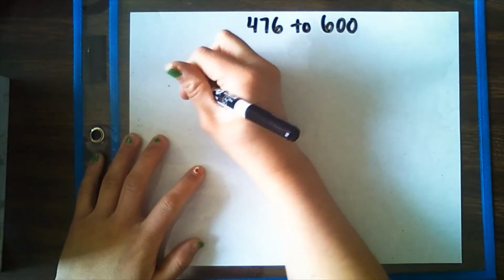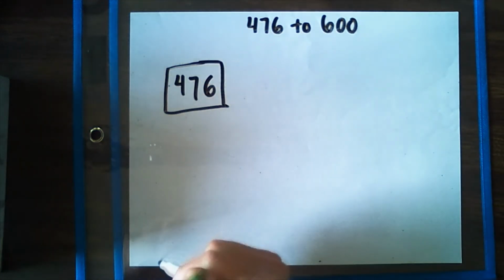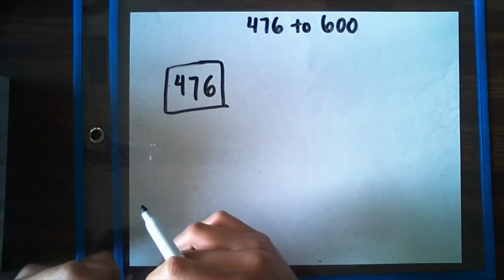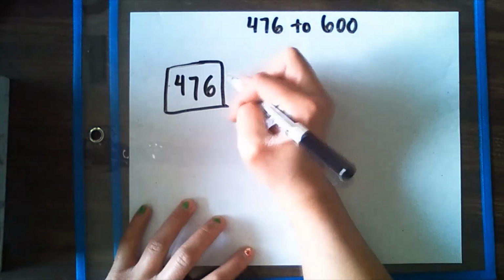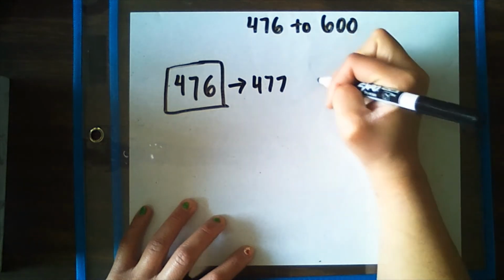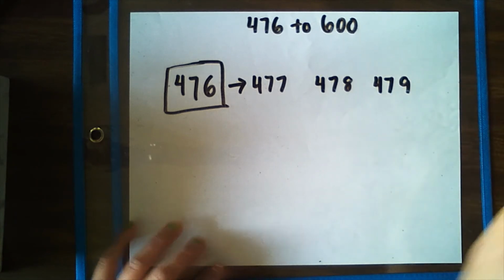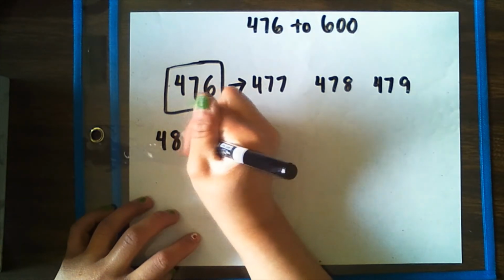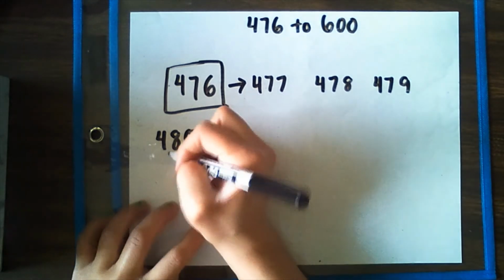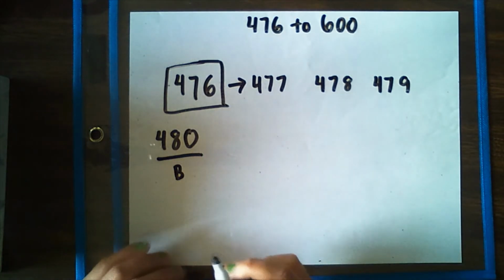So we were at 476, and we can go ahead and box that in as our starting number. And then we went on to 477, and then 478, and then 479, and then 480. From there, we're going to underline that and put a little B to make it our benchmark number.